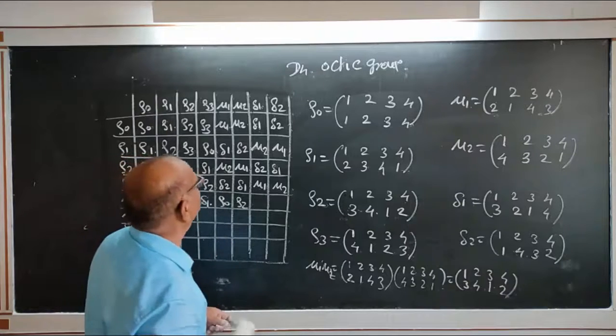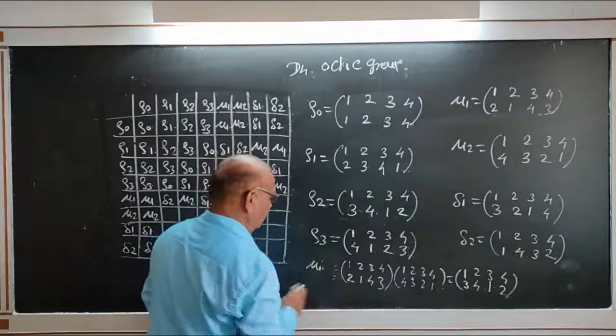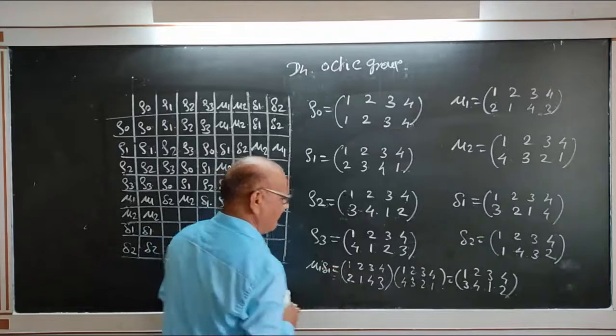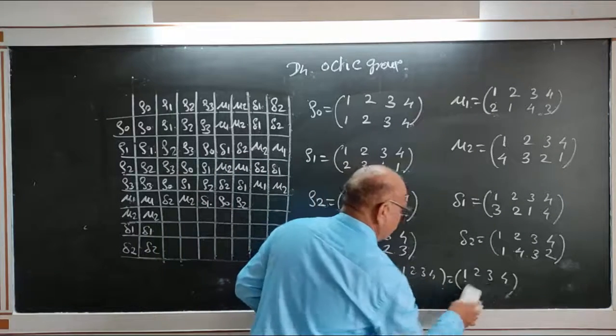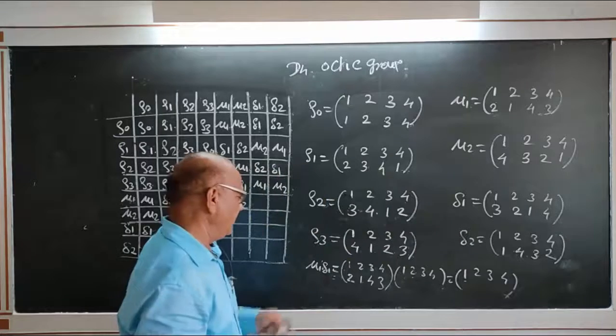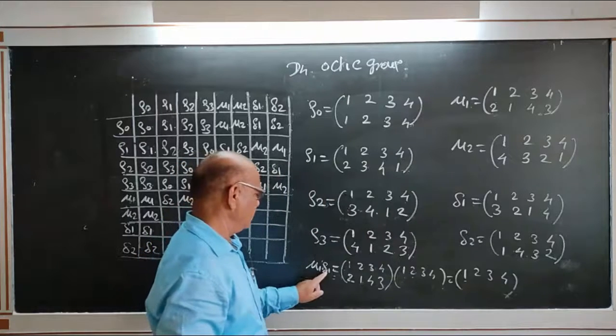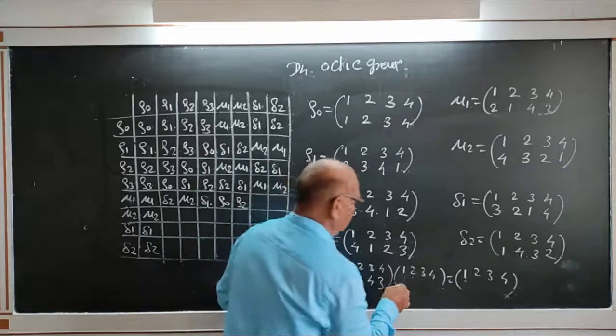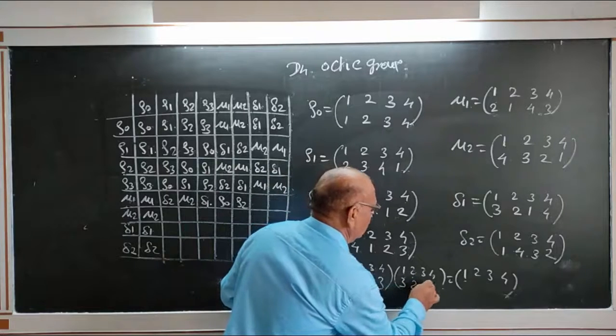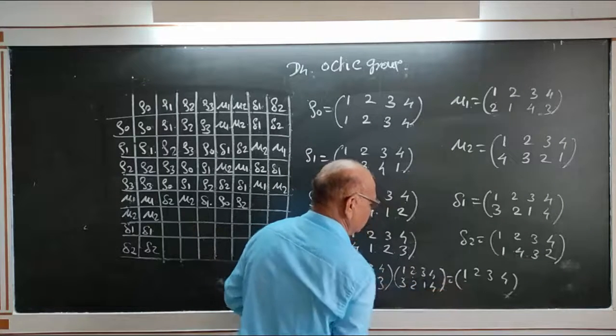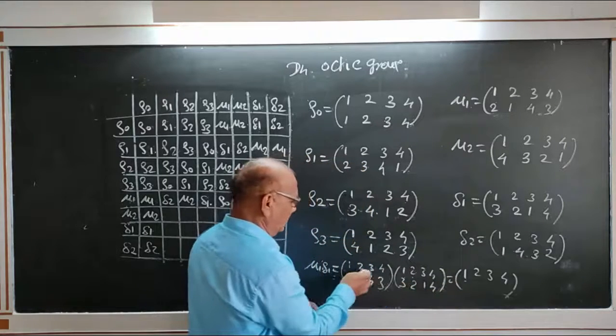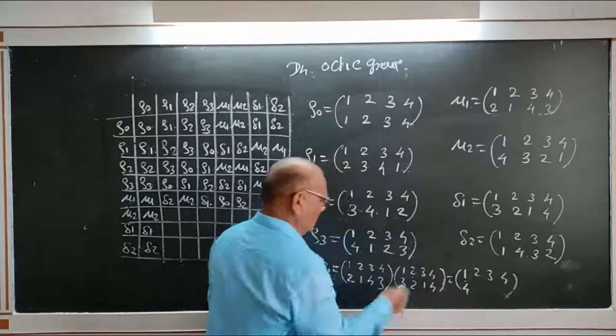Now, mu 1 into delta 1. This delta 1 is 3, 2, 1, 4. This gives 1 goes to 3, here 3 goes to 4. 2 goes to 2.